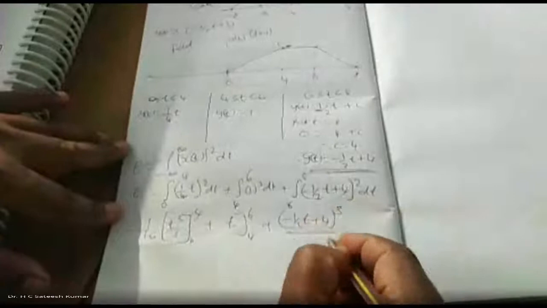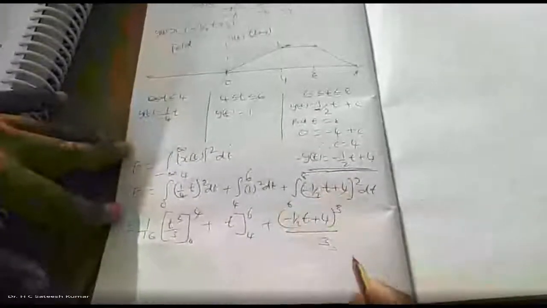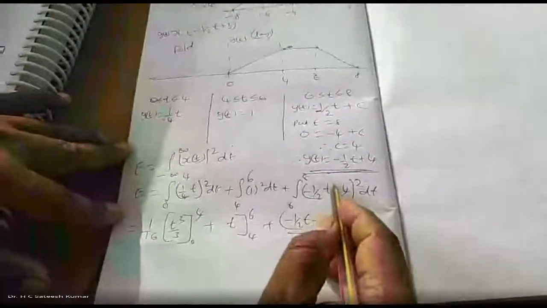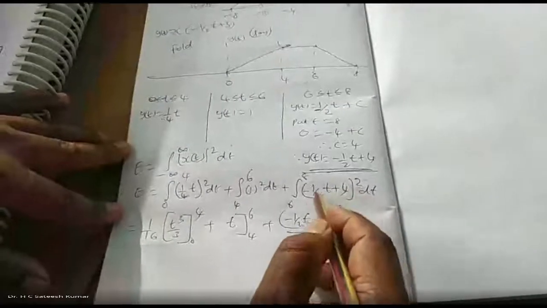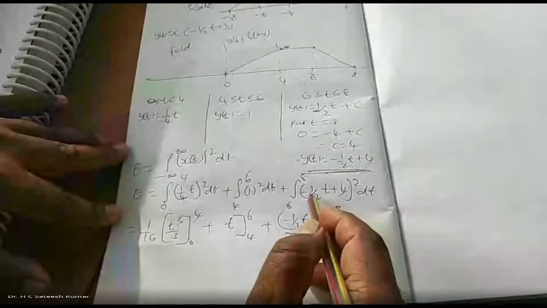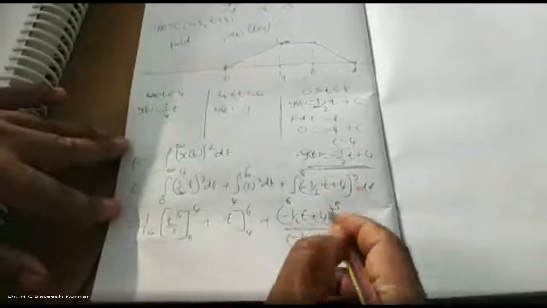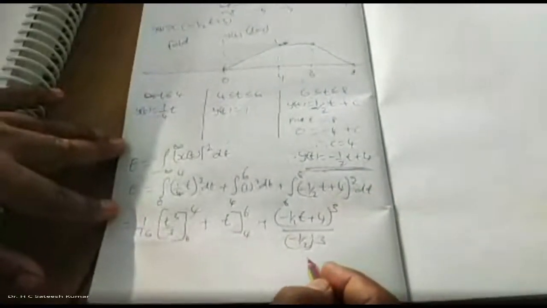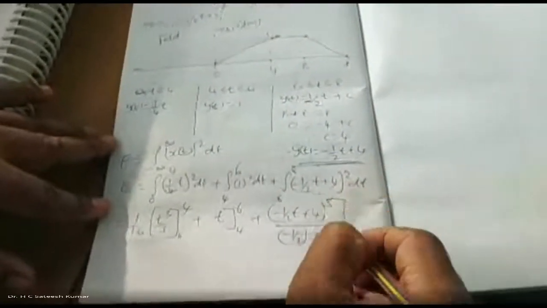T square integrates to t cube divided by 3, divided by the differentiation of this. Differentiation of this means what? Minus half for t, and differentiation of 4 is 0. That's it, between the limits 6 to 8.